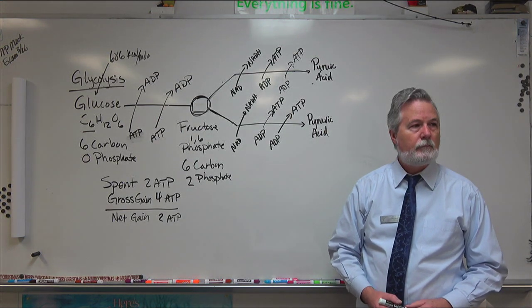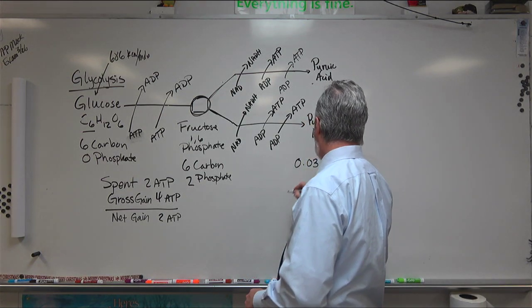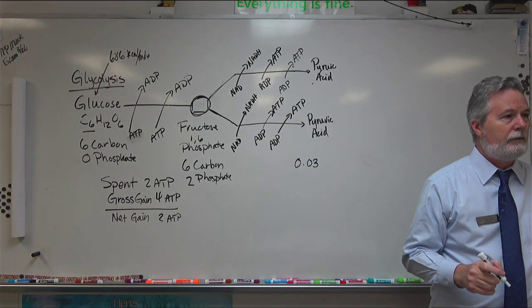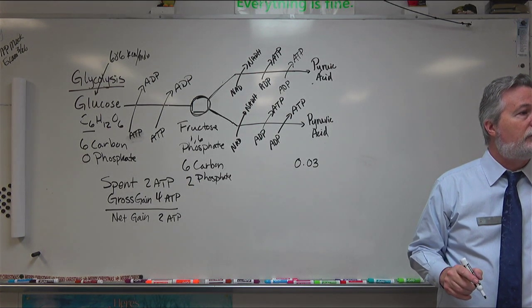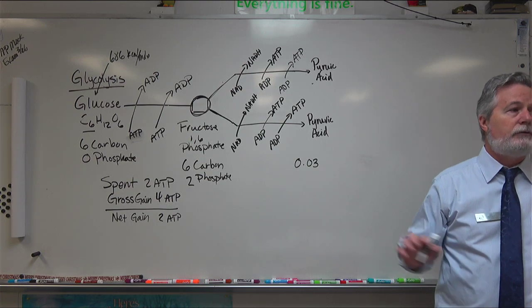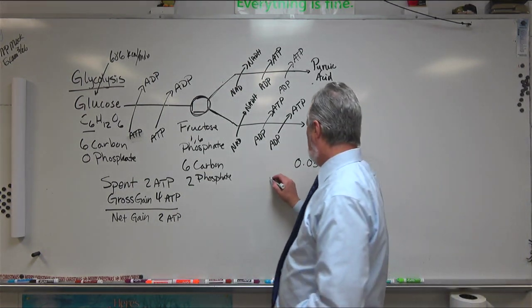It's like 0.03. I think you're off a little bit. Let's look at the numbers though. What's the number of ATP produced? 2. No, use the gross number. Oh. That's probably where you got off. 4. So 4.